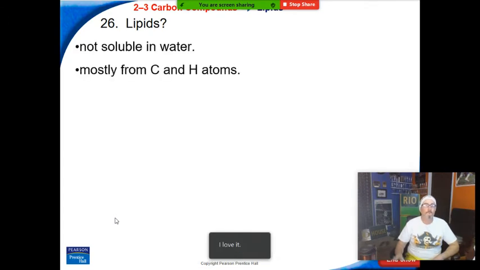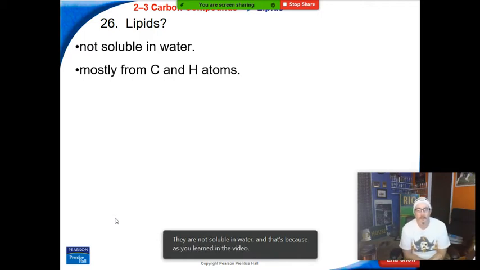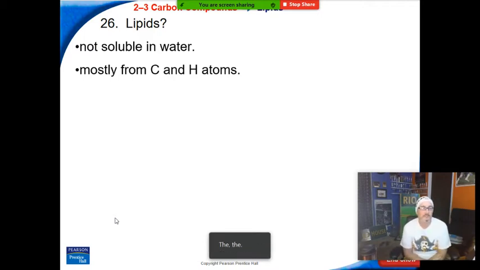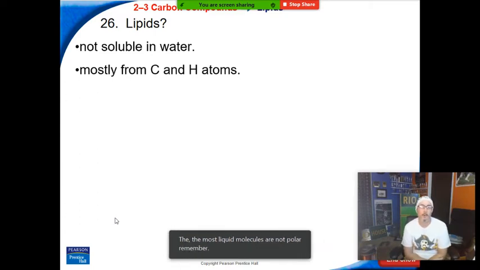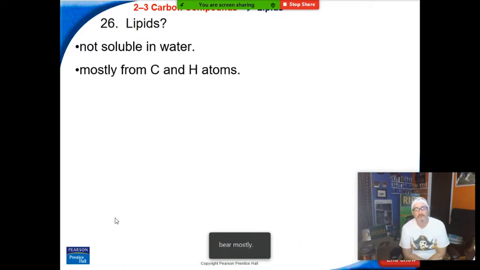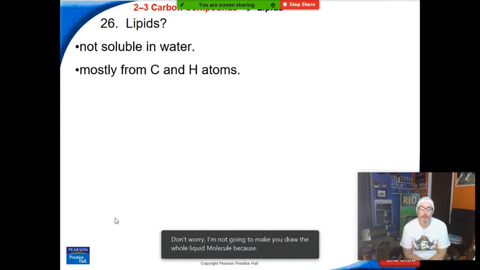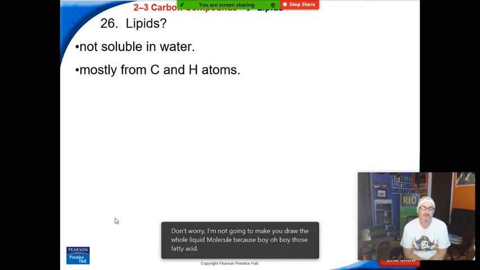Lipids. They are not soluble in water, and that's because, as you learned in the video, most lipid molecules are not polar. Remember, polar attracts polar. They're mostly carbon and hydrogen atoms. Don't worry, I'm not going to make you draw the whole lipid molecule because those fatty acids are super, super long.